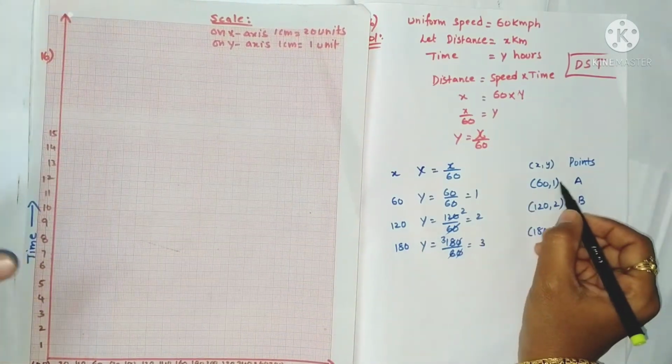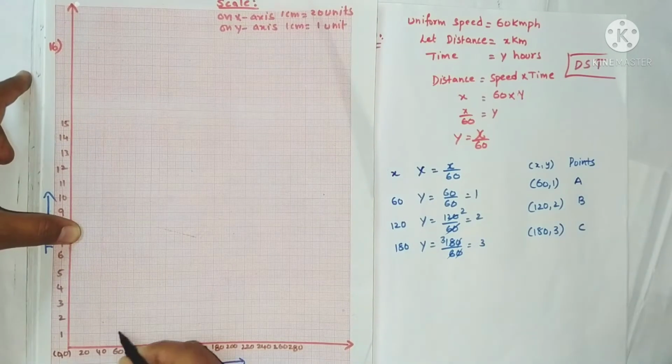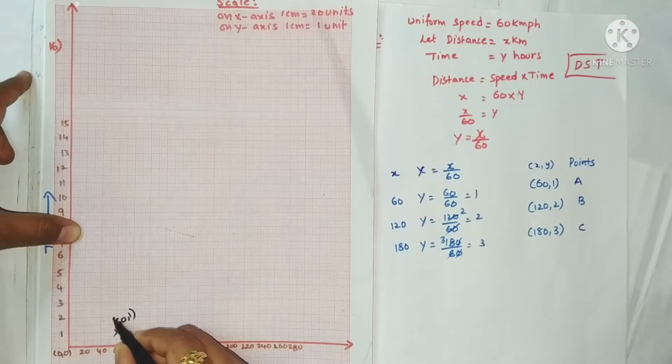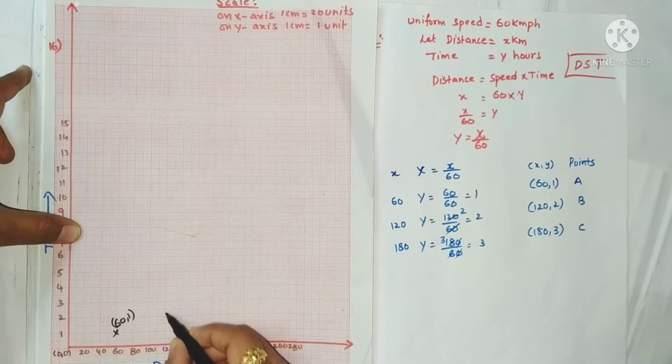So see now. First one, x is 60, y is 1 here: 60 comma 1. Next 120, this is 120 and y is 2.